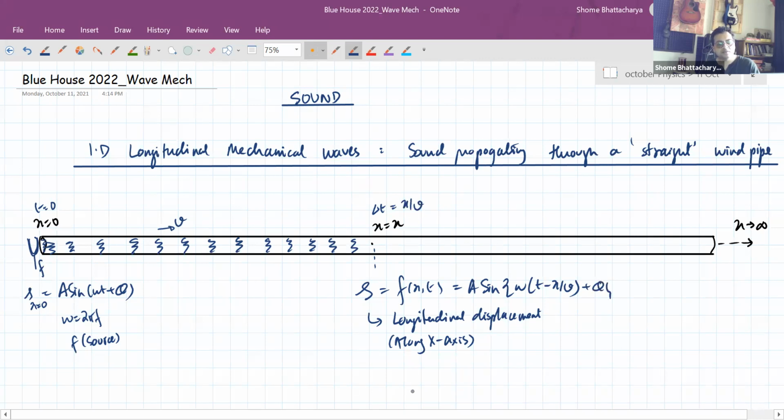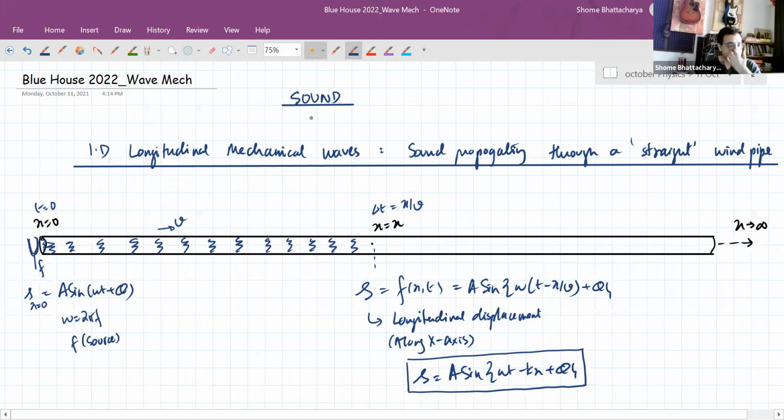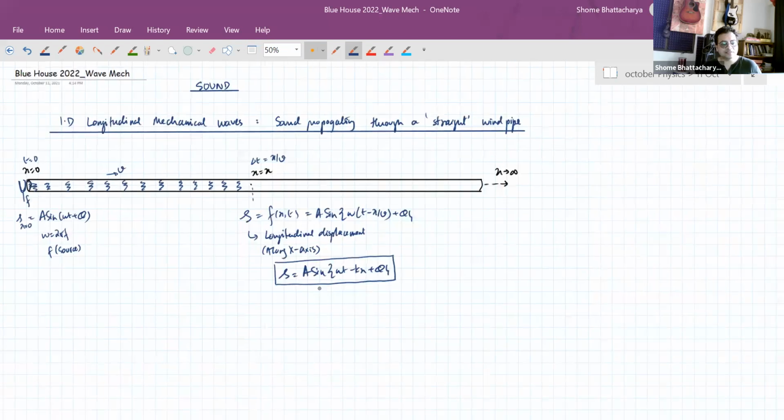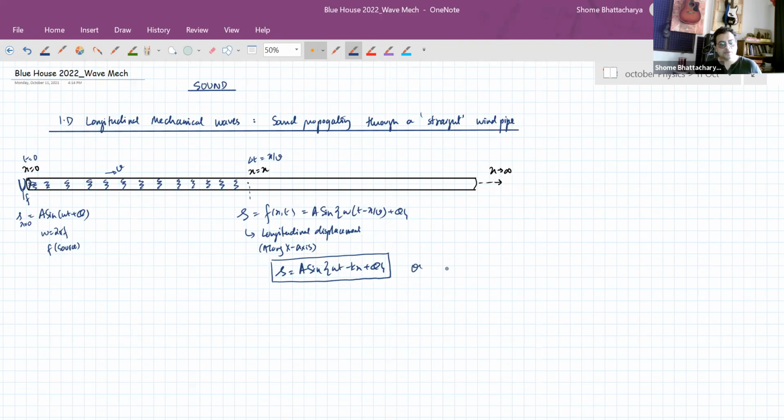So when we generalize this, we see the equation of the wave becomes A sine omega t minus kx plus phi. So it's just like the wave equation in terms of transverse displacement, y equal to a sine omega t minus kx, which we've seen earlier. But just that y is replaced with s, because now it is a displacement along the x-axis. So we sometimes also write this as s naught, because the amplitude is written as s naught.